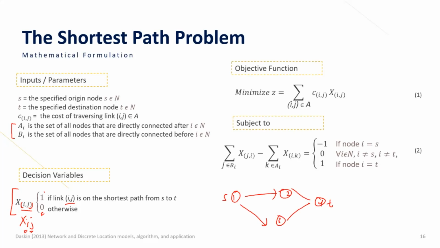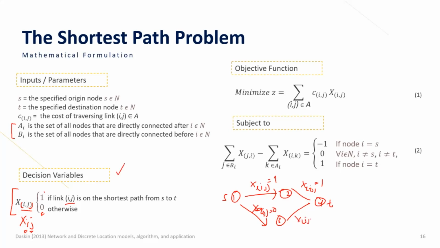If you want to represent the solution of 1, 2, and 4, this will be equal to 1, this will be equal to 1. So that's how we represent the decision variable for the shortest path problem. And meanwhile, if this one is already 1, this should be 0. Xij here should be 0.